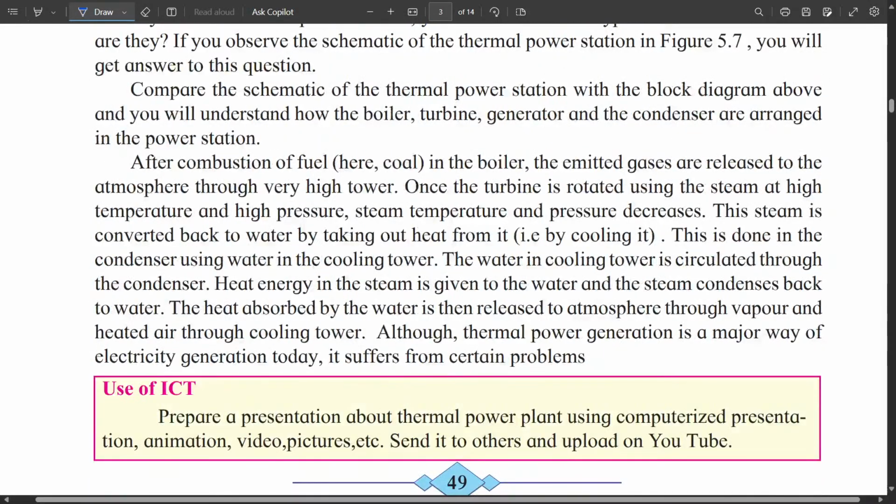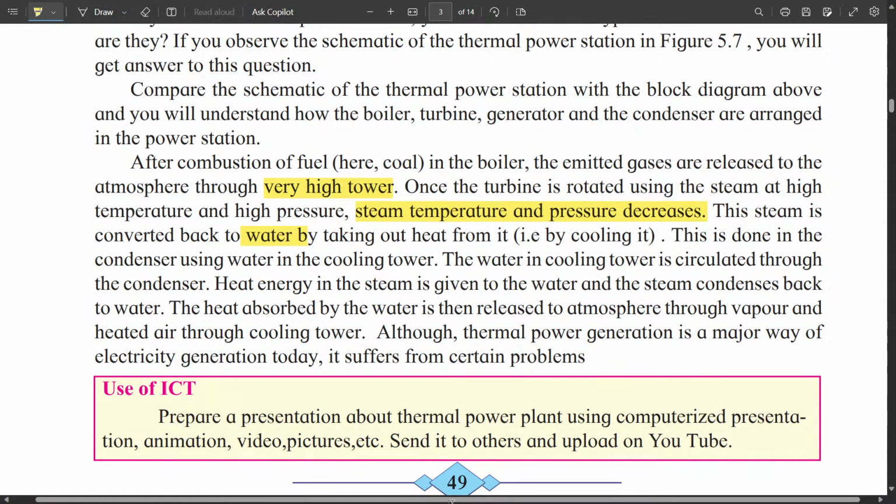After combustion of fuel in the boiler, emitted gases are released to the atmosphere through a very high tower. Once the turbine is rotated using steam at high temperature and high pressure, the steam temperature and pressure drop down, they decrease. The steam is converted back to water by taking heat out of it, that is used in the cooling tower, and for that cold water is used.